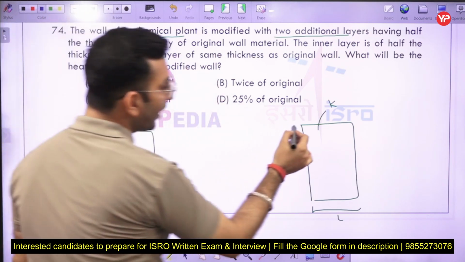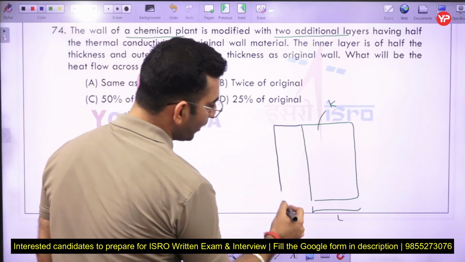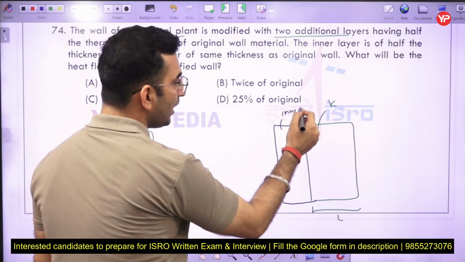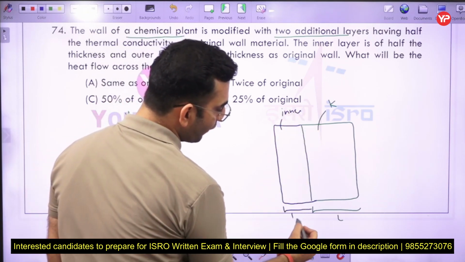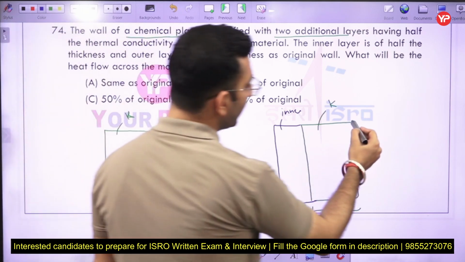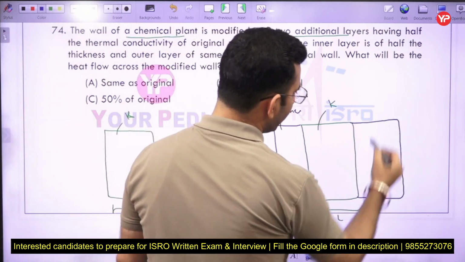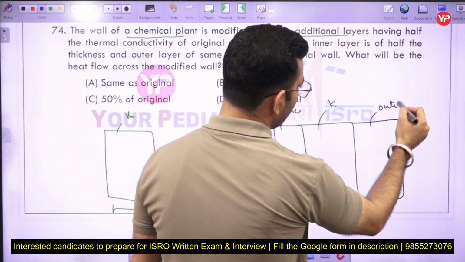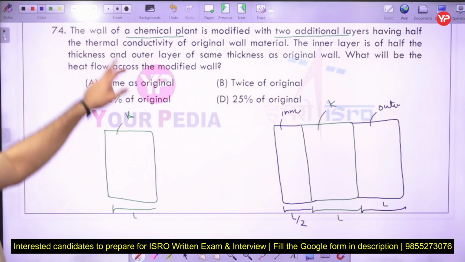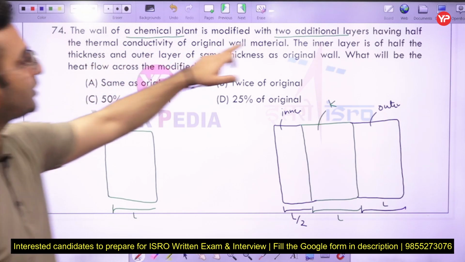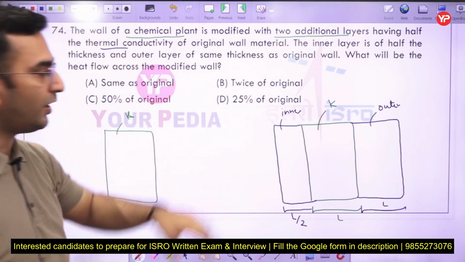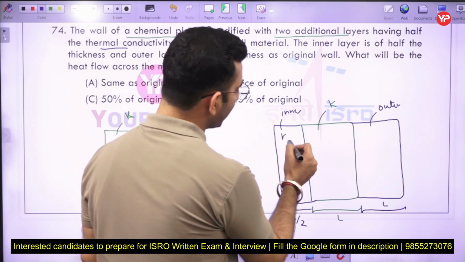So here you have installed the inner layer. The inner layer has a thickness of L by 2, and correspondingly the outer layer has a thickness of L. You can see the additional layers have half the thermal conductivity of the wall, so a thermal conductivity of K by 2.